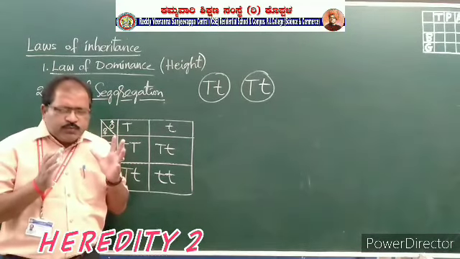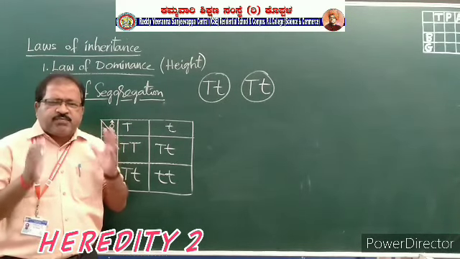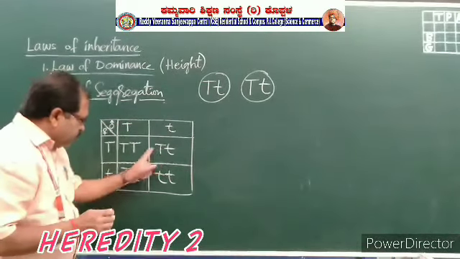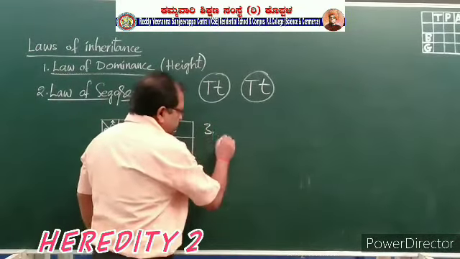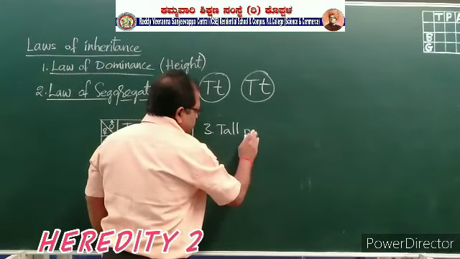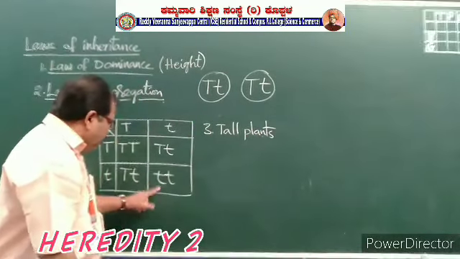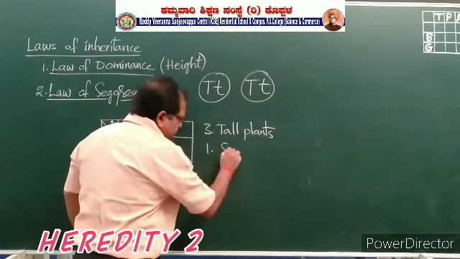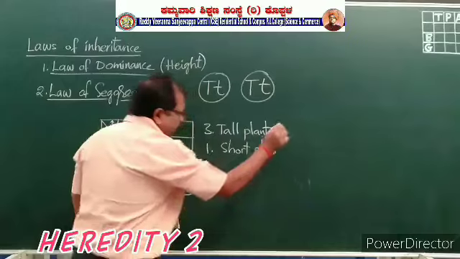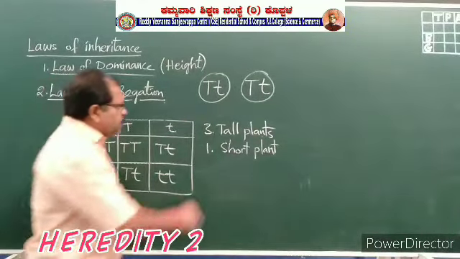When you observe the resulted plants, their physical appearance: three plants are tall plants and one plant is a short plant. Three of them are tall. You can see this is the physical appearance.